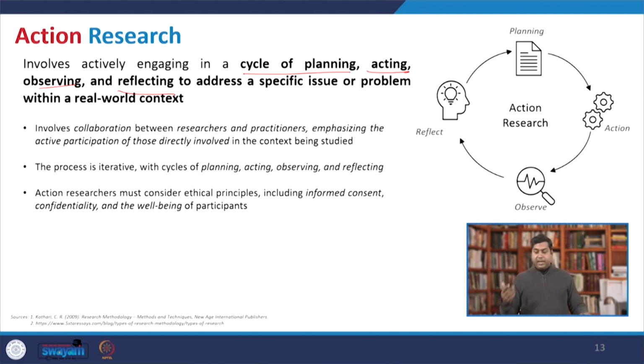So we make the plan, we take the action, then we observe the changes, whether it is actually solving the problem. If that is true, it should be reported and a conclusion can be made. Then again, this is a cyclic process. So whenever there is some sort of solution to be given to a problem, we go for an immediate action research.